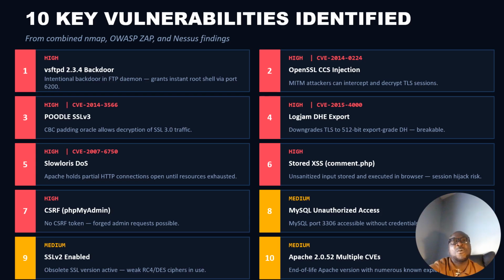Numbers 2 through 4 are all SSL and TLS weaknesses with CVE identifiers that have public exploits available.